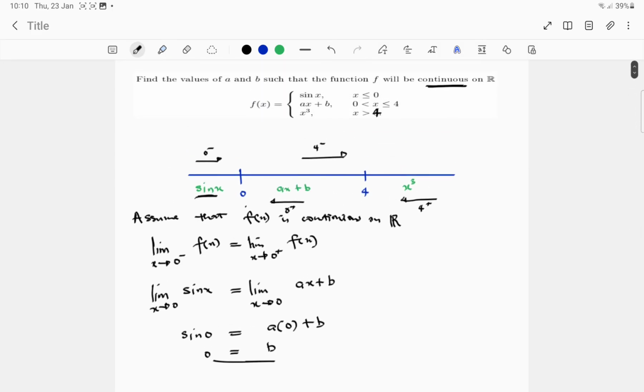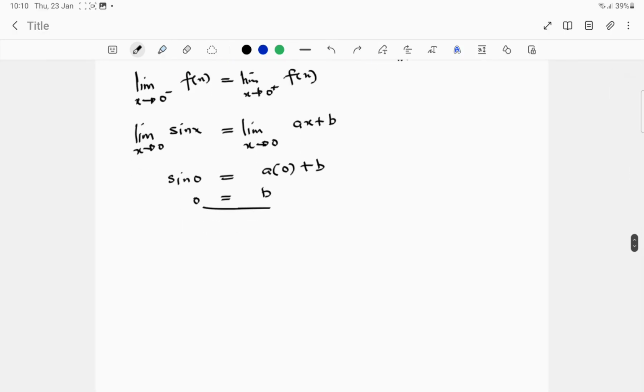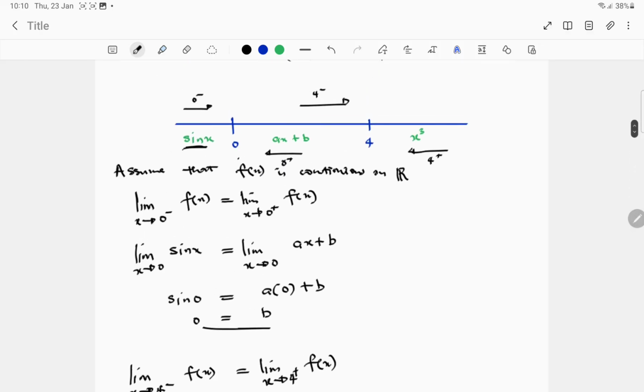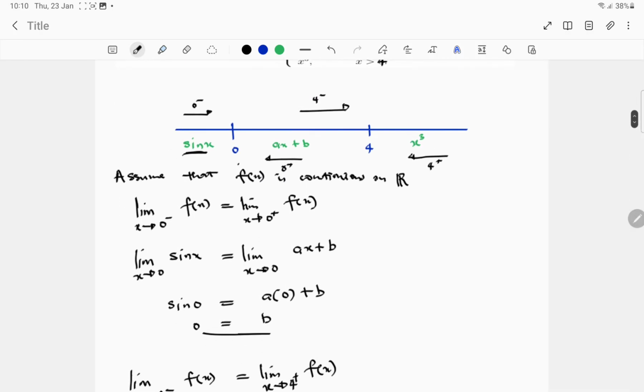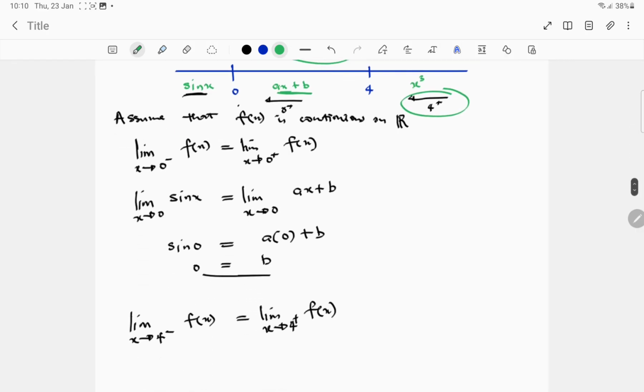For the other part, we are now considering the point 4. So we are saying the limit as x approaches 4 from the negative of f of x is equal to the limit as x approaches 4 from the positive of f of x. 4 from the negative is ax plus b, and 4 from the positive is x to the power of 3.